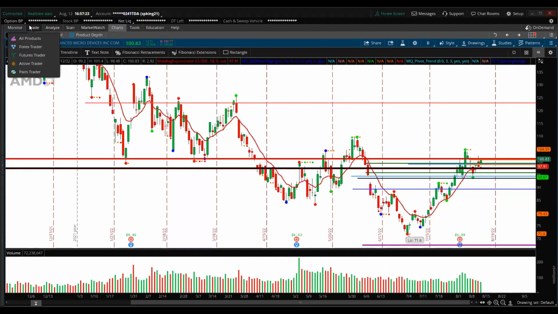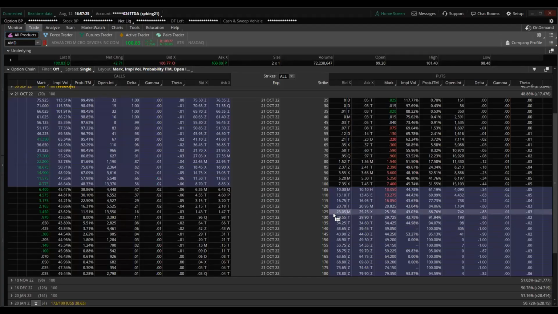If I'm going to do these as out of the money, the delta I'm looking for is 20 to 25. That 120 has a delta of 21. If I go farther out to 125, my delta doesn't work. It's too much below.